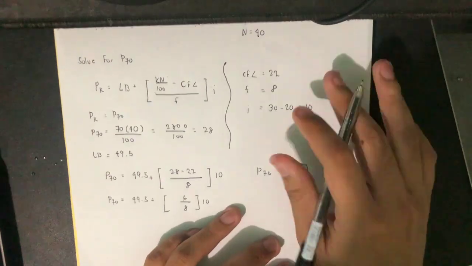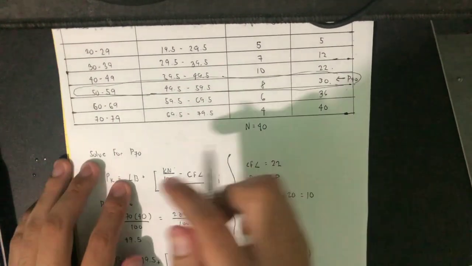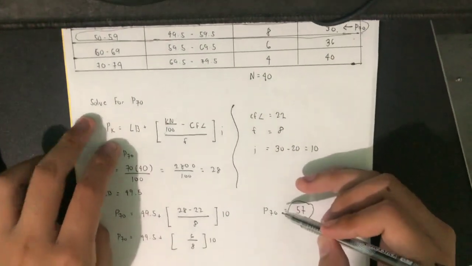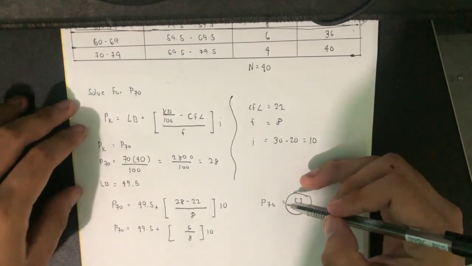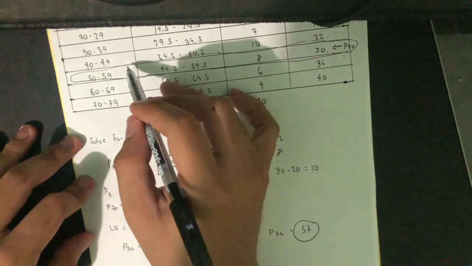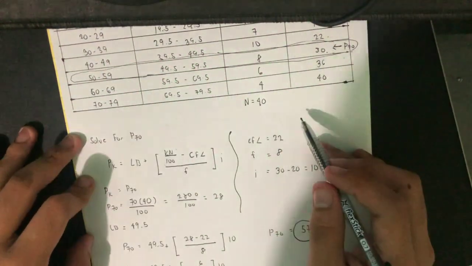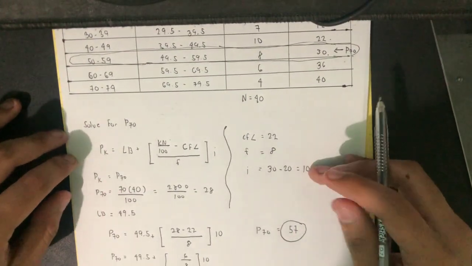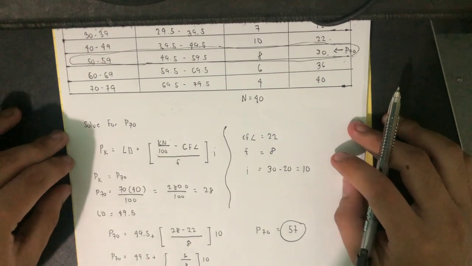So 57 belongs in the class interval of 50 to 59. So P70 is equal to 57. It belongs to the class interval 50 to 59. So that's it for percentile for group data.